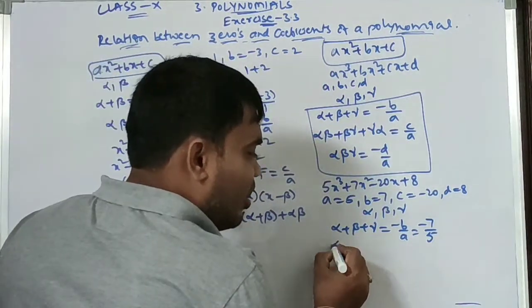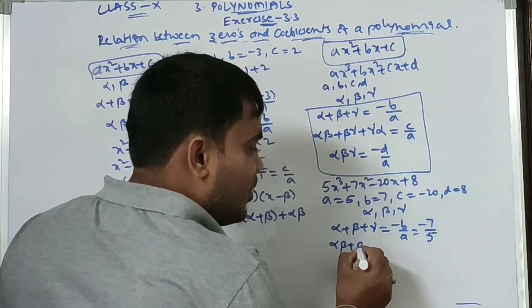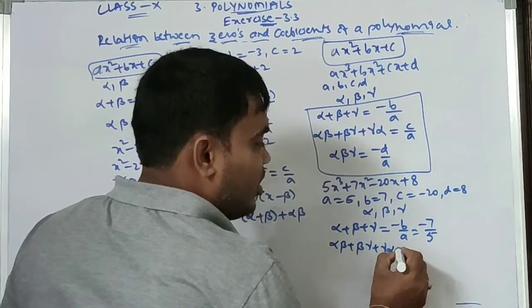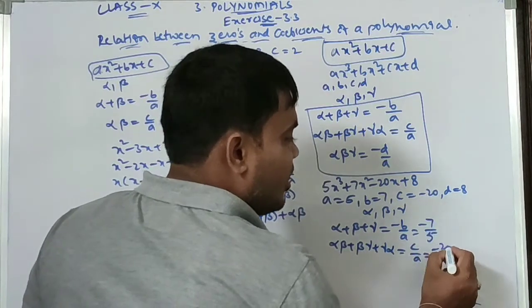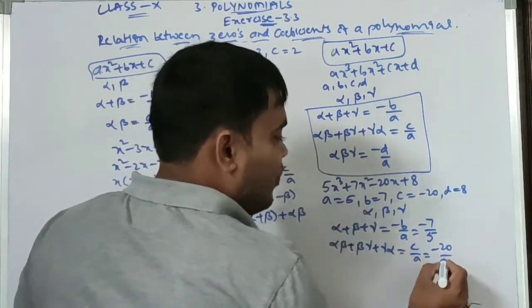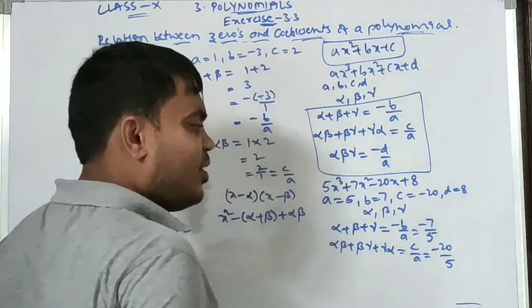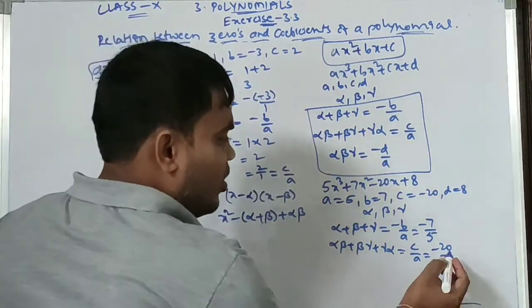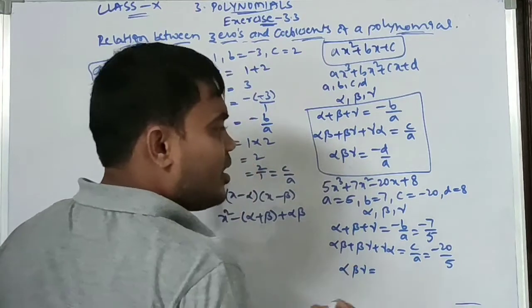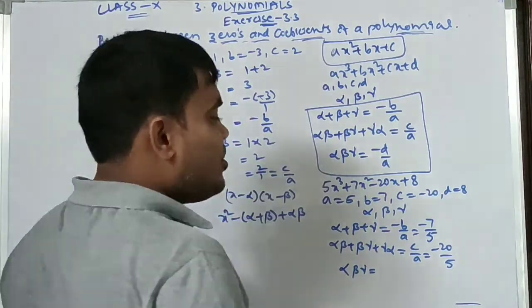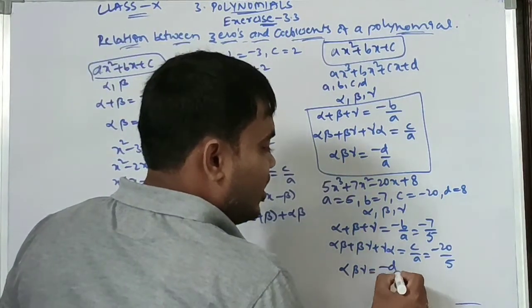Next, alpha beta plus beta gamma plus gamma alpha equal to c by a. What is c? Minus 20 by a, 5. So cancel with 5, but no need of simplification here. Alpha, beta, gamma, product of roots. I am taking the product of roots formula, minus d by a.